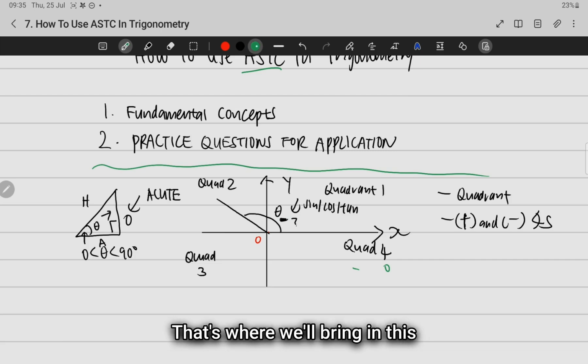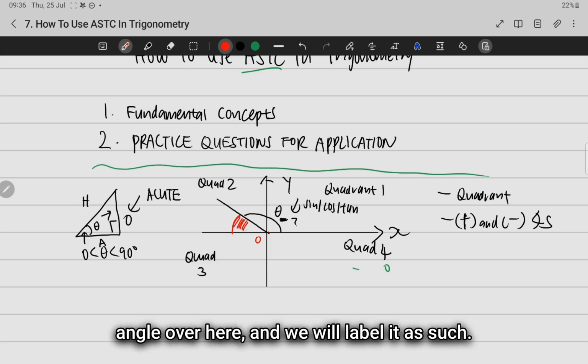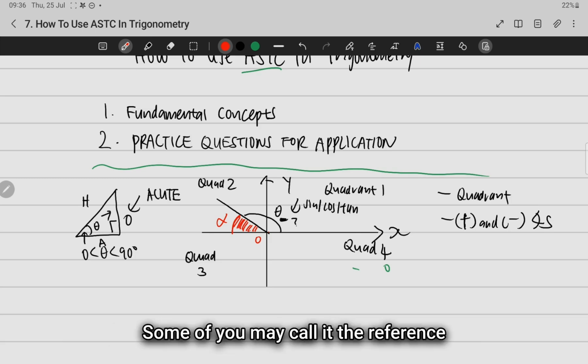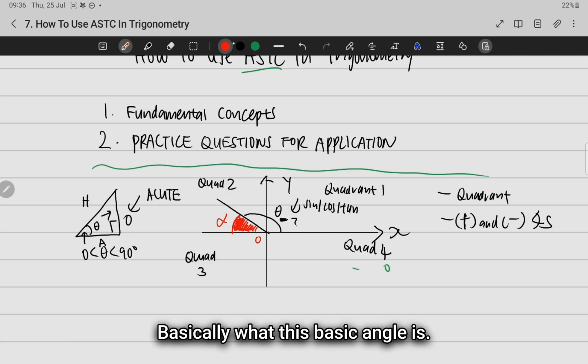That's where we bring in this concept called the basic angle. The basic angle is basically this red angle over here, and we will label it as such. Some of you may call it the reference angle, some of you may call it the basic angle, but either way it's fine. Basically, the basic angle is the angle between the hypotenuse and the x-axis.